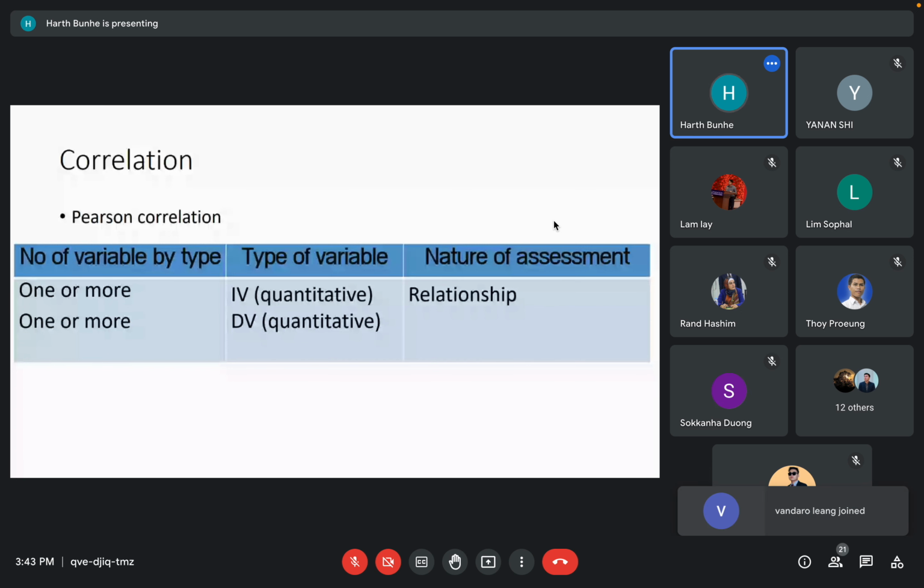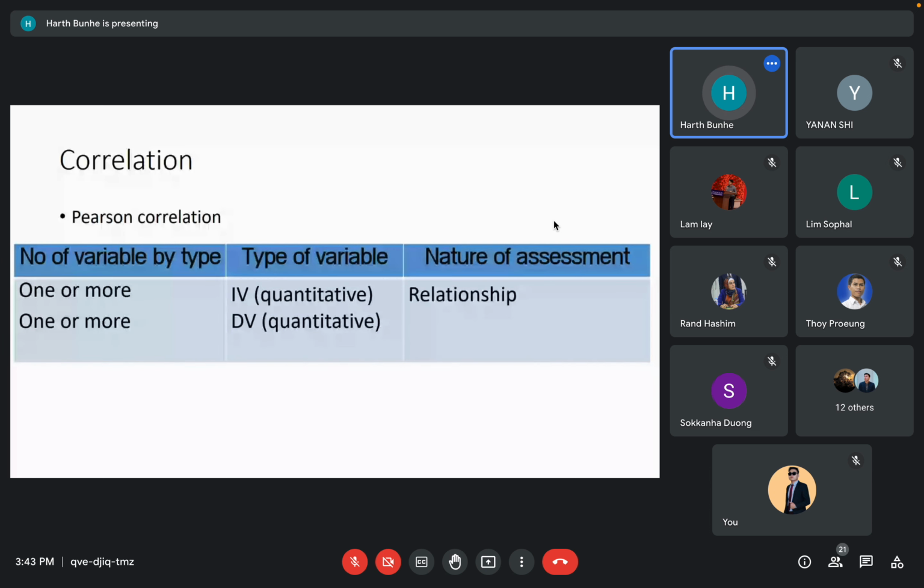It can be chi-square correlation. It can be cross-tab correlation. It can be Cramer's V. It can be, oh, sorry. Yes, it can be Spearman correlation or something like that.